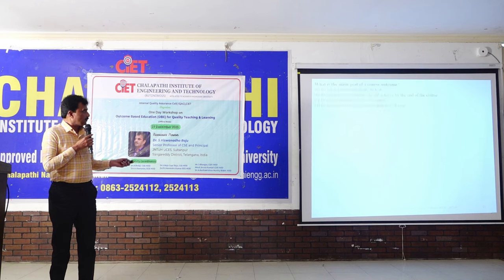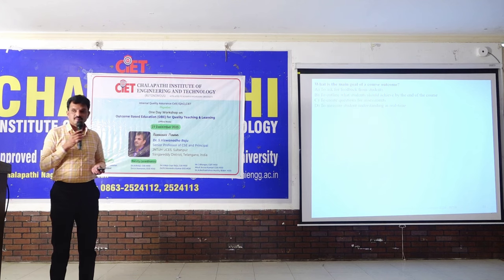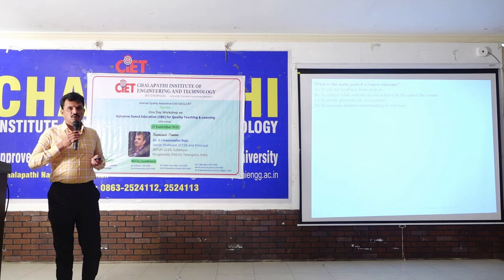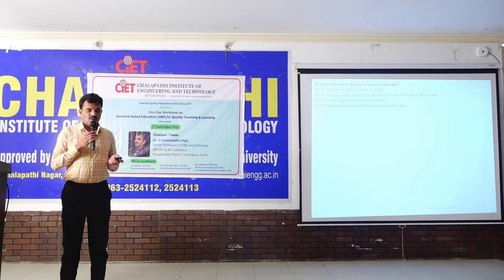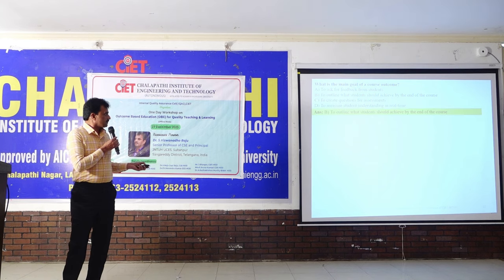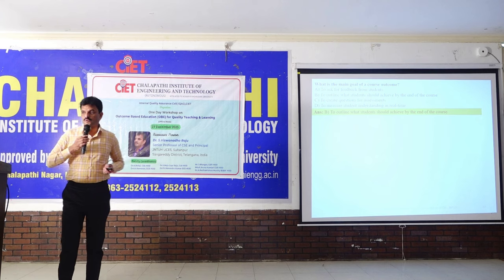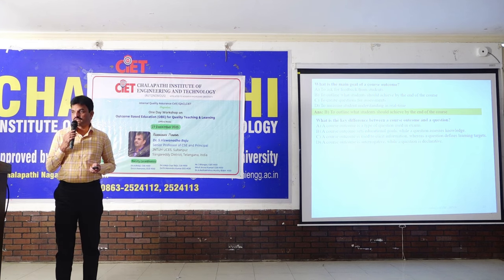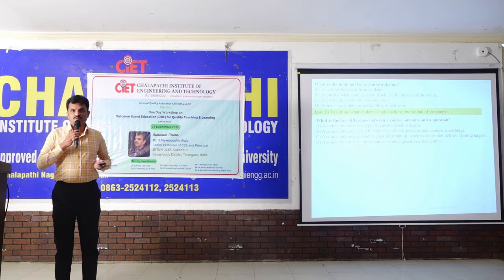What is the main goal of a course outcome? To outline what students should achieve by the end of the course. What is the key difference between a course outcome and a question?